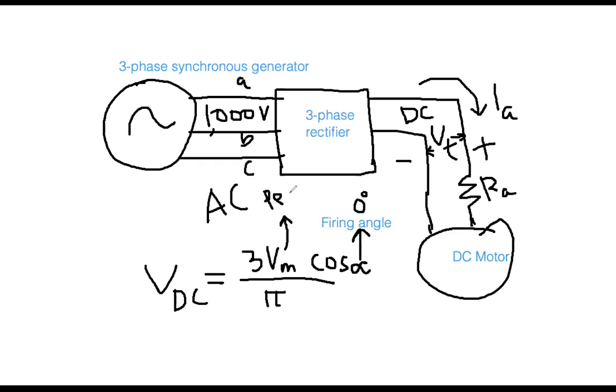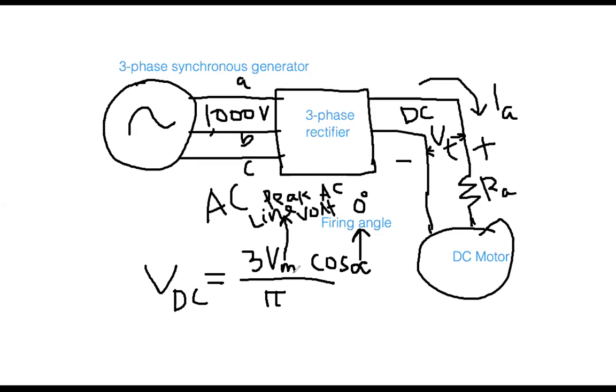Write down the meaning. Vm is the peak AC voltage, or more precisely, the peak AC line voltage. So VDC is 3 Vm by pi cosine of alpha.